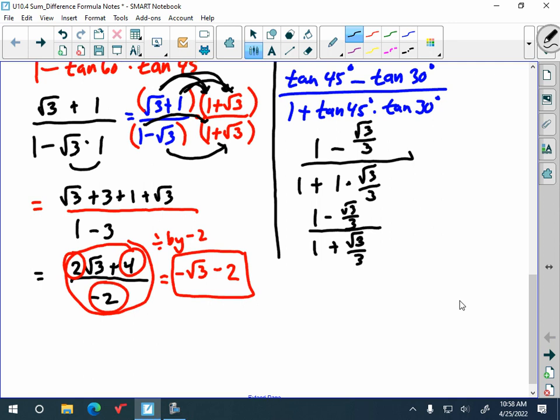As long as you multiply every single term by the same thing, it's legal to do it. So you're just multiplying everything by 3. That becomes 3 minus root 3 over 3 plus root 3.